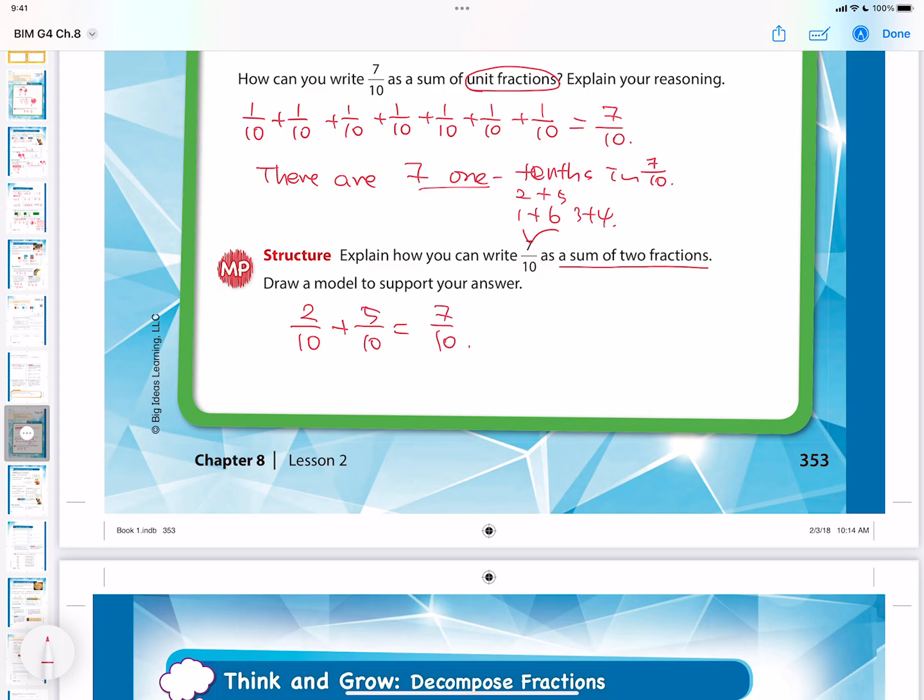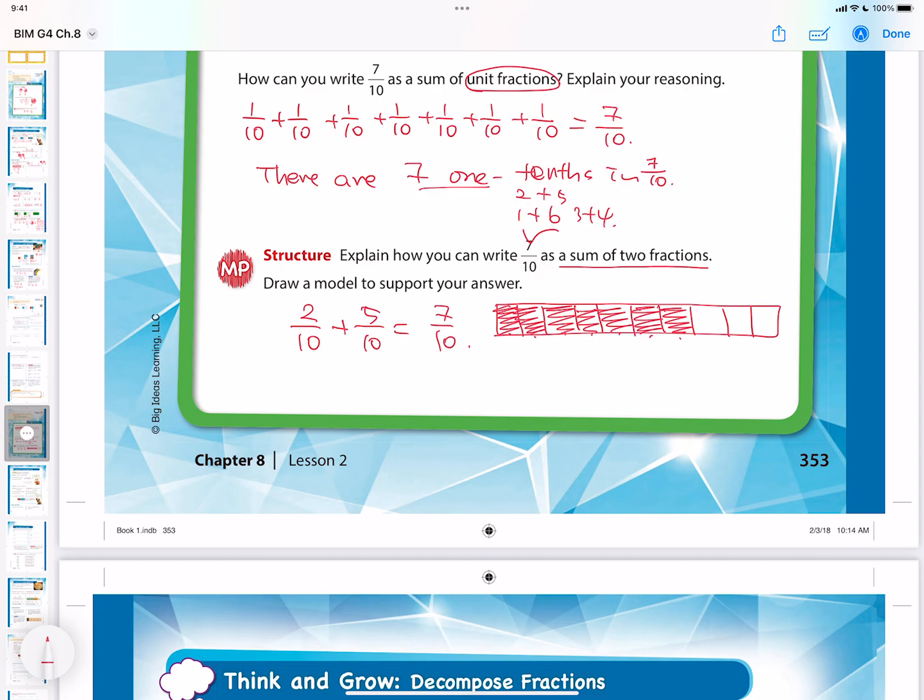Okay, now I'm going to do it this way. Cut it in half and I'm going to split it into 5. Then I'm going to shade these 2 first and then 5 after: 1, 2, 3, 4, 5. That's 1, 2, 3, 4, 5, 6, 7.